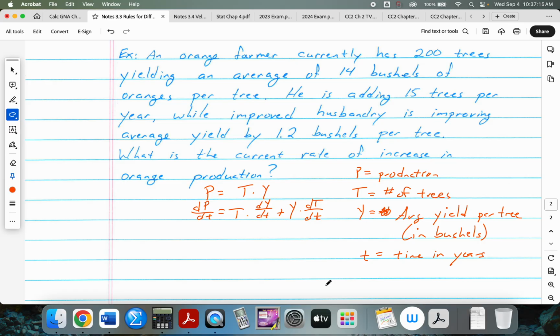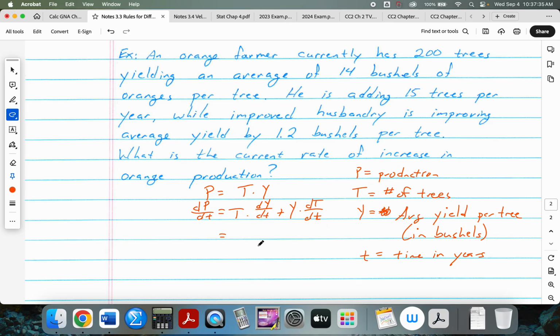That makes sense? So for the number of trees that you have, you're getting additional yield, plus your yield is going to be multiplied by, well, how many additional trees are you going to get?